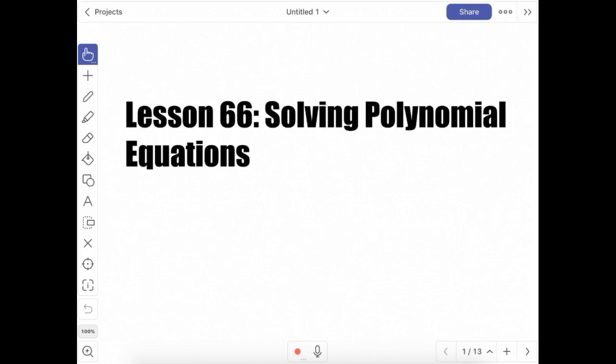Now, we have done a lot of lessons previous to this one dealing with polynomials and factoring things down. In today's lesson, the difference is that we are trying to solve very complex polynomials and break them down into all of their roots.